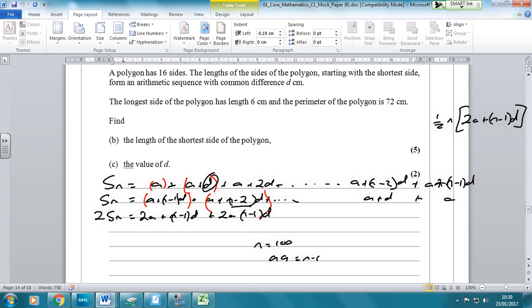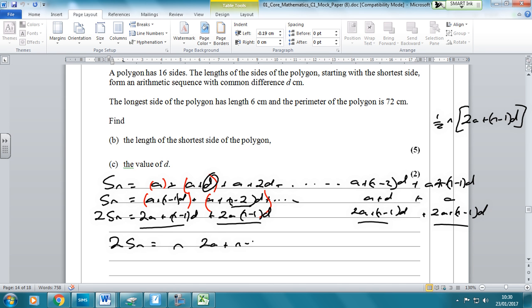And then you keep on going on. 2a plus n minus 1d, 2a plus n minus 1d. And what you've got is you've got all of them at 2a plus n minus 1d. So another way of writing that would be n lots of it. So we've got 2 lots of Sn, and that equals n lots of 2a plus n minus 1 d.